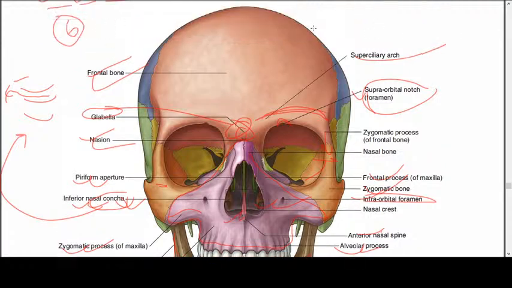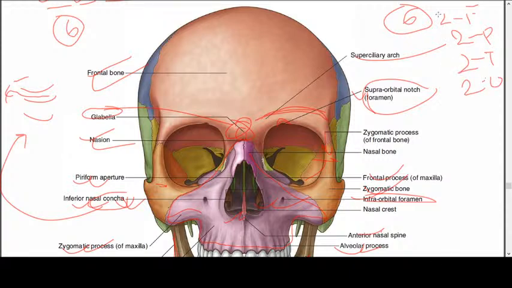Let's start again. There are 6 ear ossicles, 2 frontal bones, 2 parietal bones, 2 temporal bones, 2 occipital bones. That is altogether 14 bones.